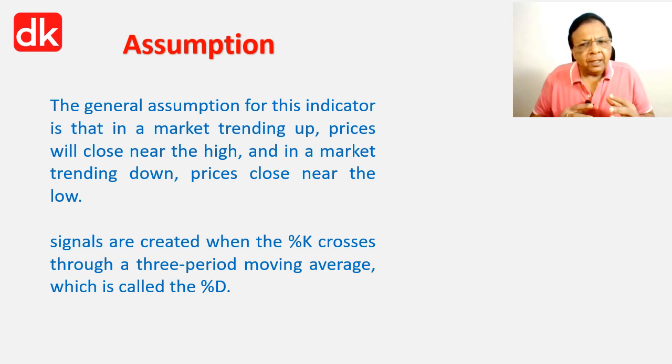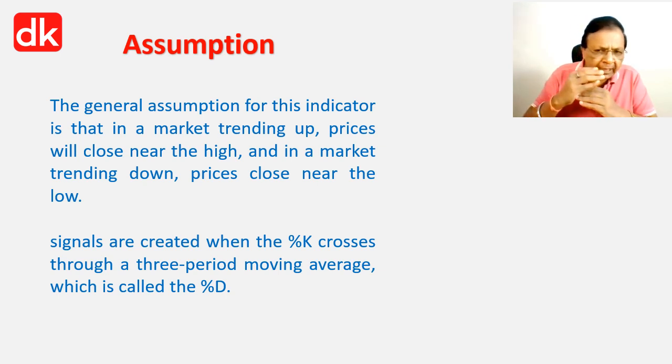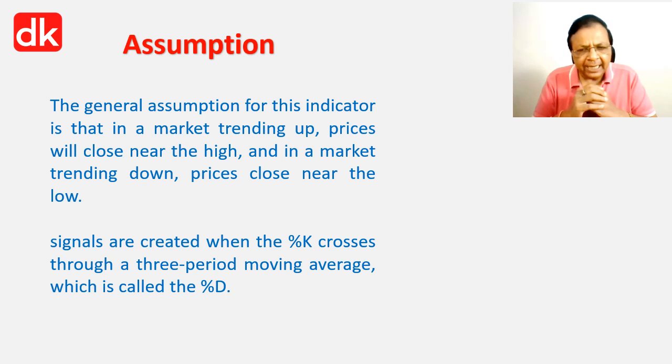So it is very, very important to understand that when the price is overextended and such a crossover takes place, it is relevant. Mark my word, when the price is overextended on the upside in an uptrending market, and if there is a cross under that takes place in the overbought area, it is relevant.